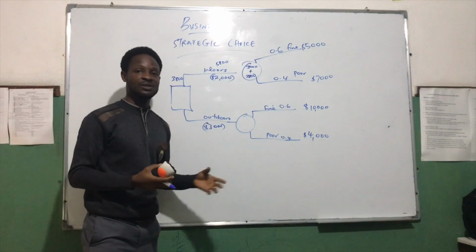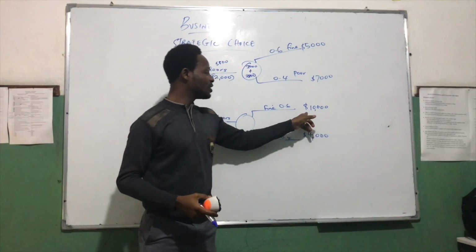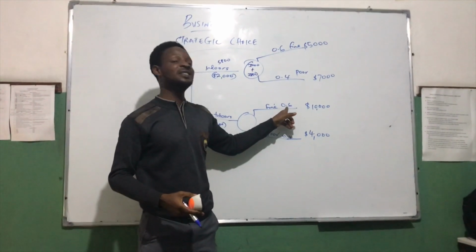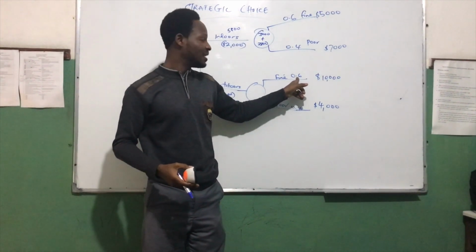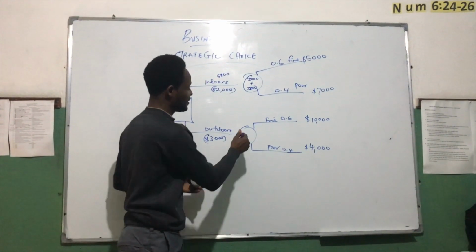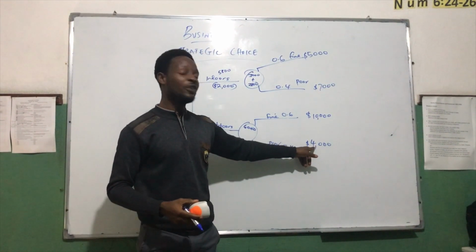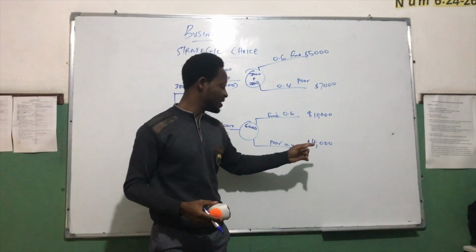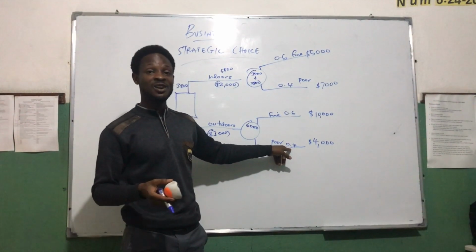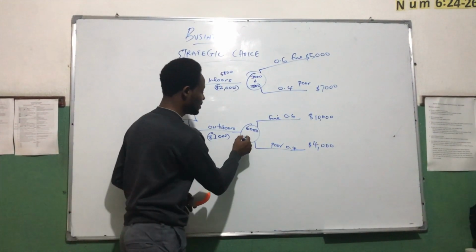Now, let's look at outdoors. Remember I said we are starting from the right-hand side to the left-hand side. 10,000 would be generated if the weather is fine, and there is a 0.6 chance that weather will be fine. That's 60% of 10,000, which is 6,000. If weather is poor, 4,000 would be generated from the activity, and there is a 40% chance that the weather will be poor. So 4,000 times 0.4 is 1,600.